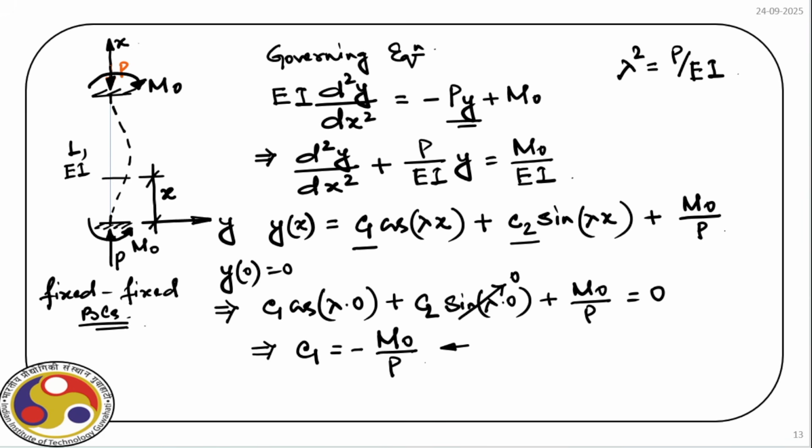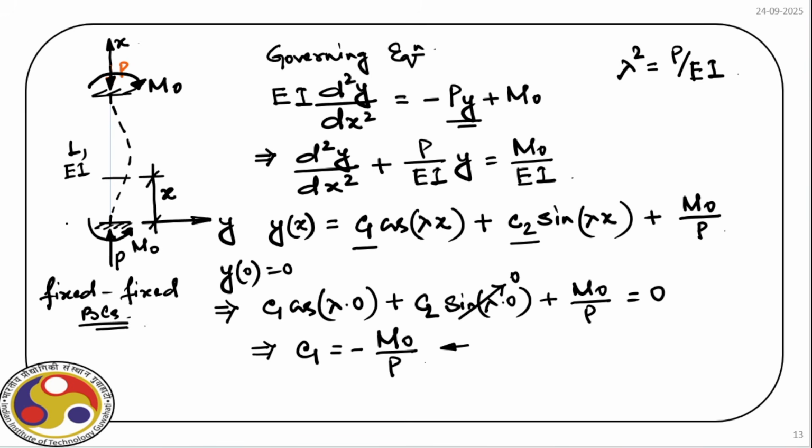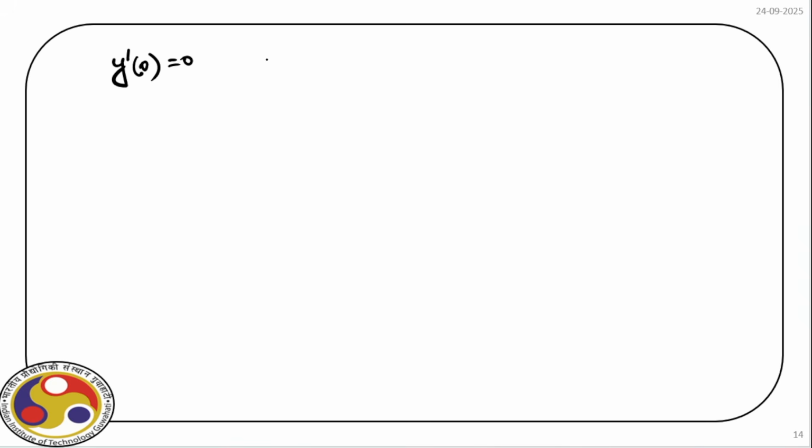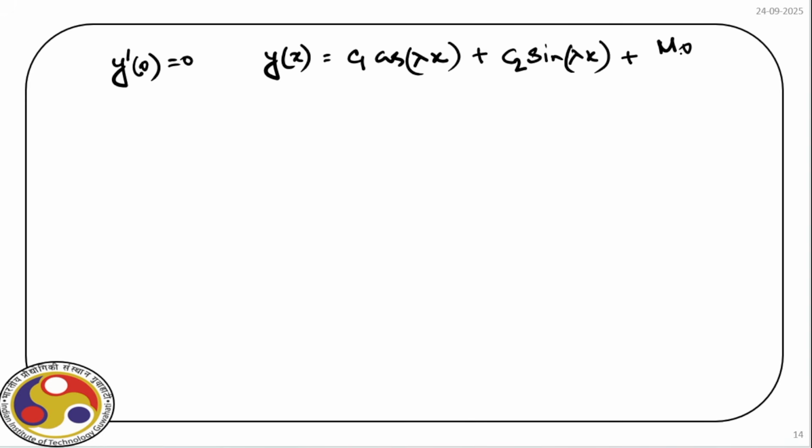Now we satisfy the second boundary condition. So for the second boundary condition, y prime at 0 is equal to 0, because we have fixed boundary condition. So at this location where x equal to 0, y prime, that is the slope, is also 0. So now we have the solution y of x is equal to C1 cos lambda x plus C2 sine lambda x plus m naught divided by p.